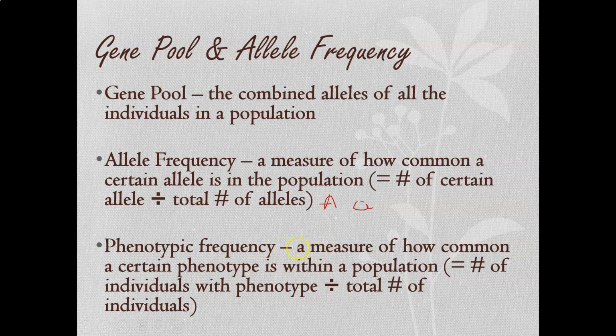When we come down to your phenotypic frequencies, however, we're now looking at how common is a particular phenotype within the population. So if I know that being dominant, which would be that capital A, or somebody who's heterozygous for it, is brown, then I'm looking for the phenotype of being brown, or I'm looking for the recessive, right?